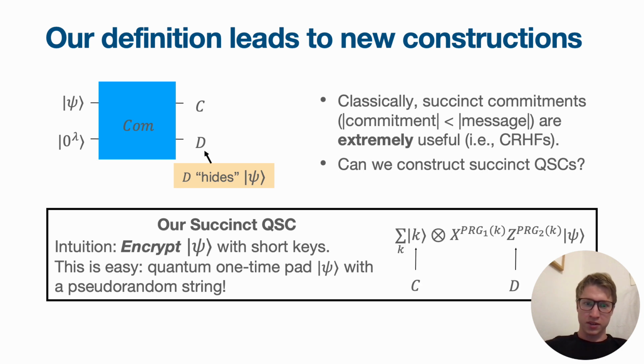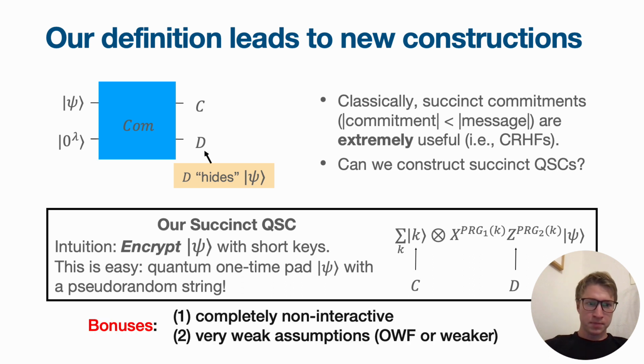So in a little more detail, how do we build a secret key encryption scheme for a quantum state with short keys? Well, one thing you could do is you could just take your short keys, use a PRG to stretch them into long pseudorandom strings, and then one-time pad your state using the large pseudorandomness. Okay, so formally I've written the state here. It's using the superposition over the keys as the commitment and the one-time padded state as the decommitment.